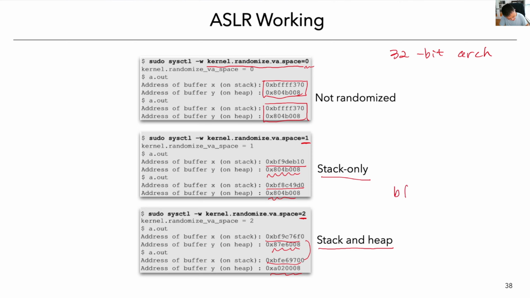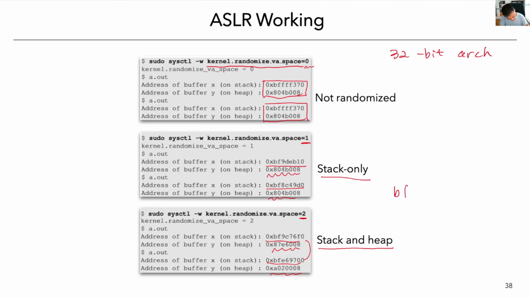So those two addresses, let's say 9C 76F0 and E69700. They have this is 4 bits, another 4 bits, 8, 11 bits. So the first 11 bits are the same, right?